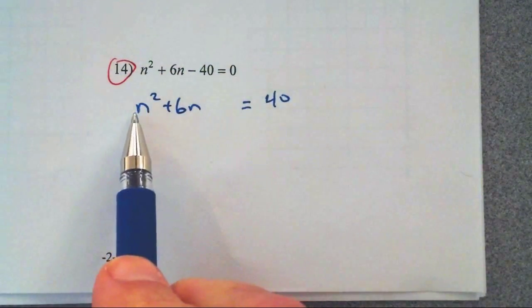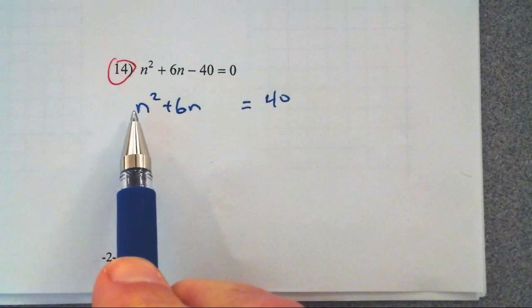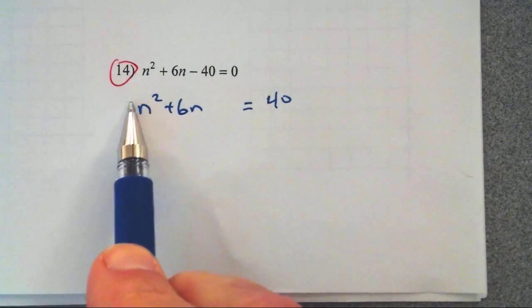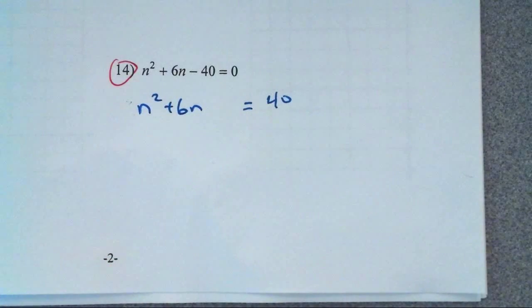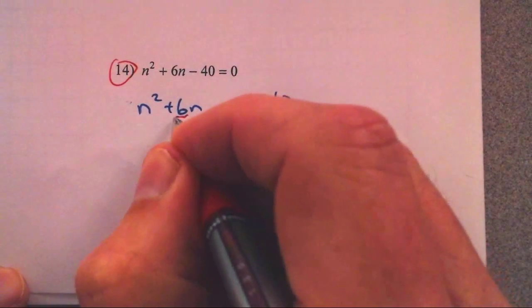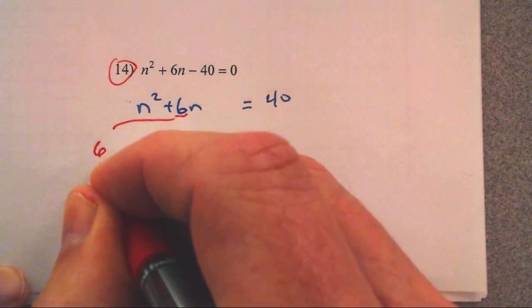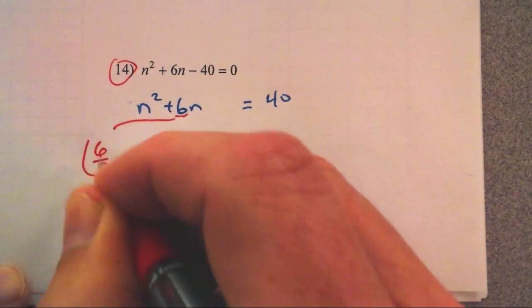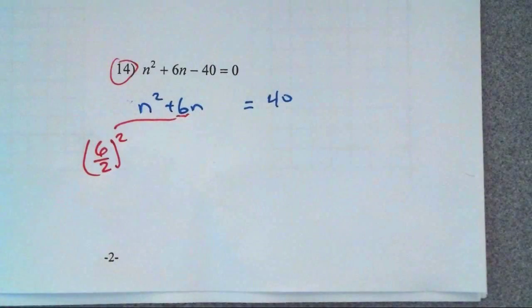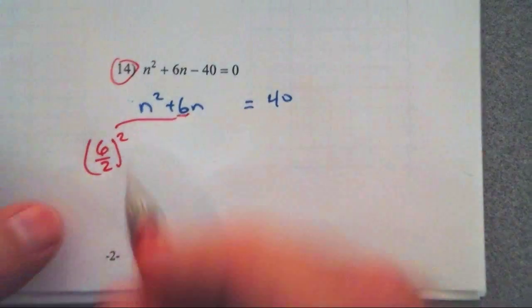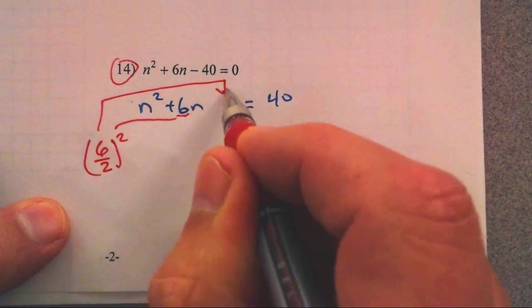Then, if there was a non-1 coefficient in front of this n squared, let's say this was 3, I would divide everything by 3, both sides, looking for that 1. Once I've got that, I take this 6 off to the side, I divide it by 2, and I square it. Just a mechanical process. And then I put that result right here.